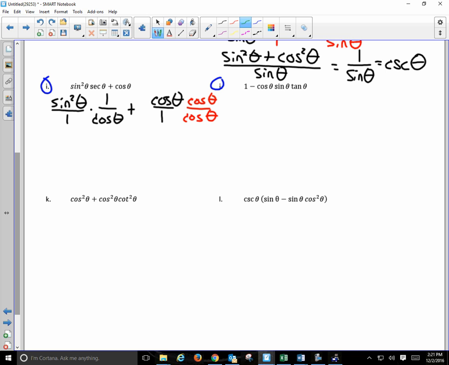So, what do I have in the numerator? Sine squared plus cosine squared. And what is my denominator? Cosine. And now we have that wonderful identity. Sine squared plus cosine squared is 1. We have 1 over cosine, which is secant. You have one very similar to that in your homework.